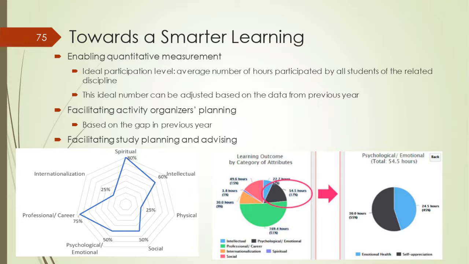Therefore we can plot this spider chart at the left-hand side so that the students can compare their current development and see which category of competency they need. They have already developed a lot, or what type of competency they need to develop more. And they can drill down into the individual attribute level at the middle of the diagram. Okay.